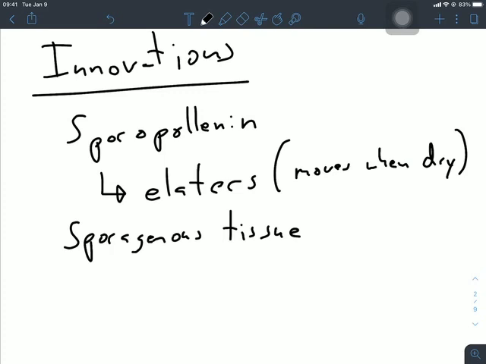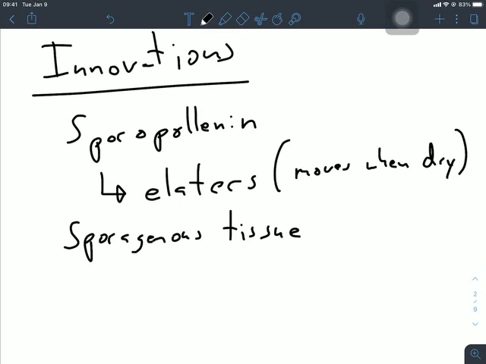We start seeing the investment into future generations, whether it be the haploid spore or in the future the diploid zygotes that will become our seeds. We see investment in future generations as a major evolutionary innovation that helps plant species diversify, adapt, and thrive on our planet.